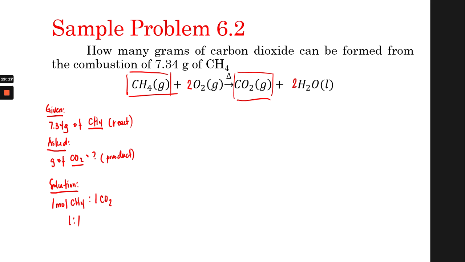Next, what we are going to do now is to solve for the grams of CO2. So in order for us to solve that, let's begin with our given amount of reactant. So we have 7.34 grams of CH4, and then after that, you can see that this stoichiometric relationship is in moles.